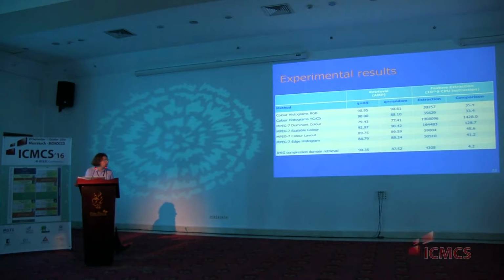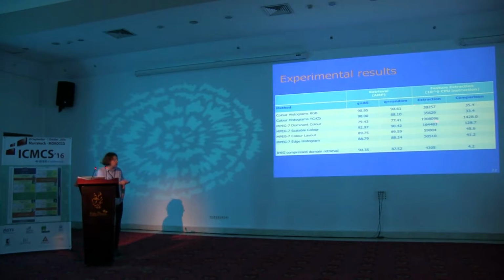The other thing that's quite important here is how computation intensive it is, both in terms of feature extraction, which is the part where we've got huge differences, and also in terms of comparison, which is essentially a function of the feature length.